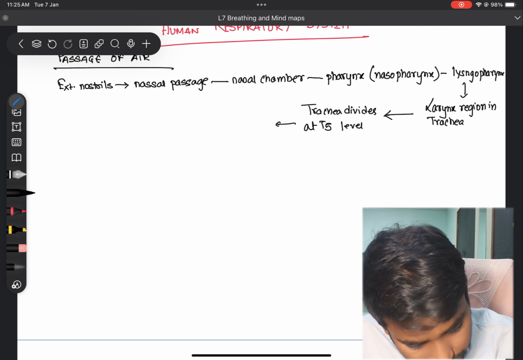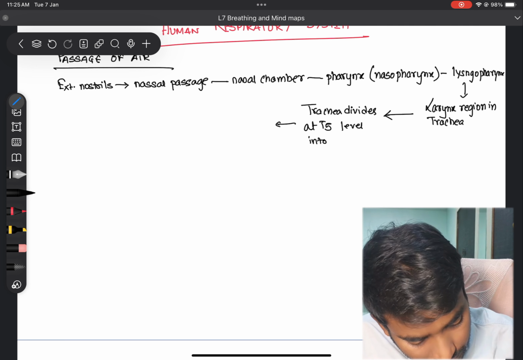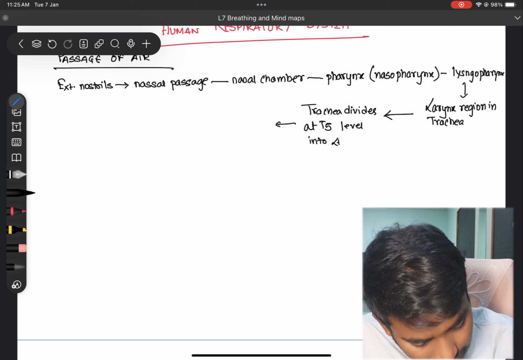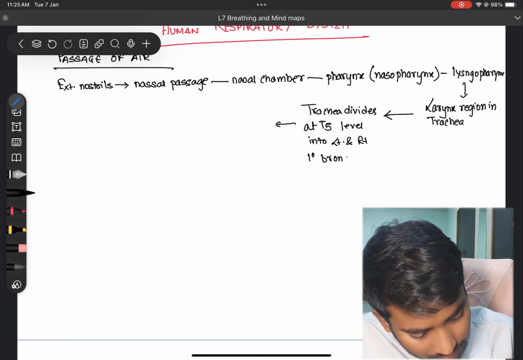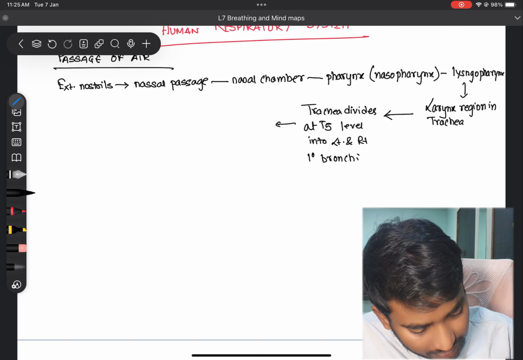Okay, now into left and right primary bronchi, 1 degree bronchi.